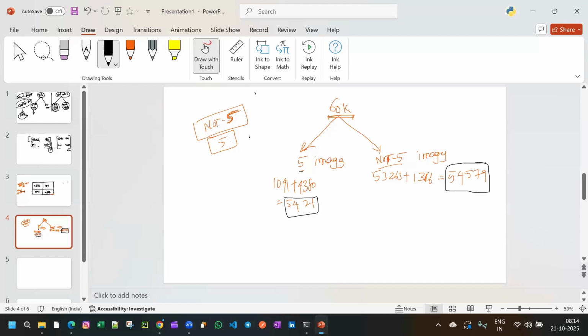Is this concept clear so far? Anyone have any questions on this?